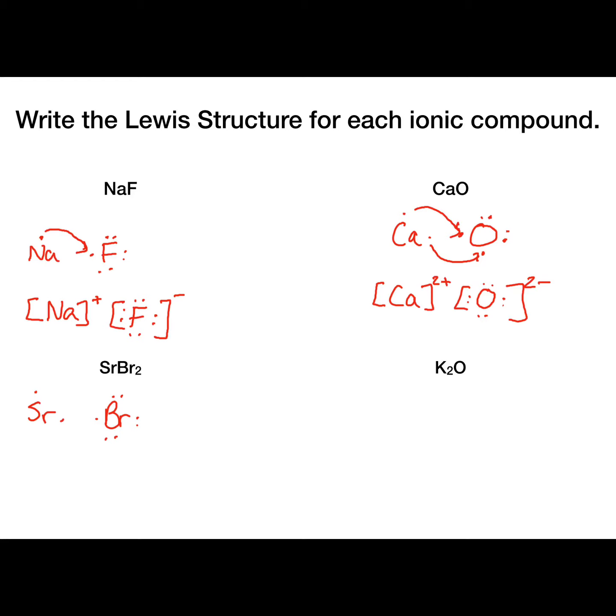Now there's 2 bromines, so we need to account for this, like this. And each bromine is going to have 7 valence electrons. Okay, so strontium is going to donate 1 valence electron to each of the bromines.